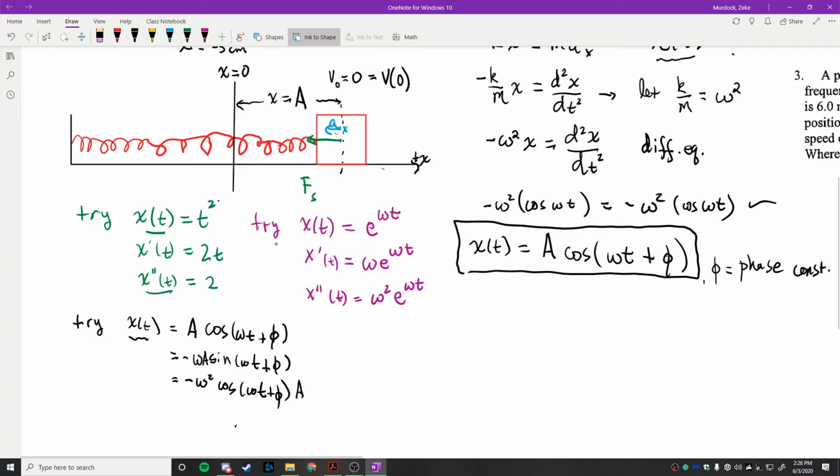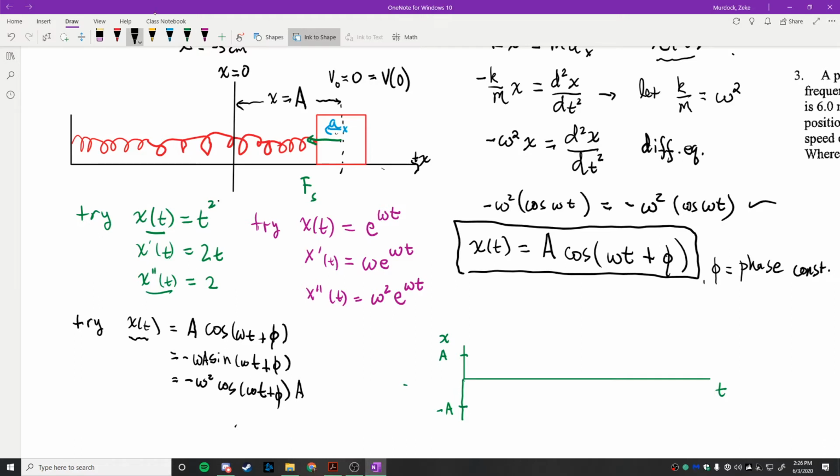So if I want to plot that function, let's say that I let time go on this axis and x go on this axis, and I let this be x equal to a and this be x equal to negative a. Then the motion that we're describing is basically a cosine function.